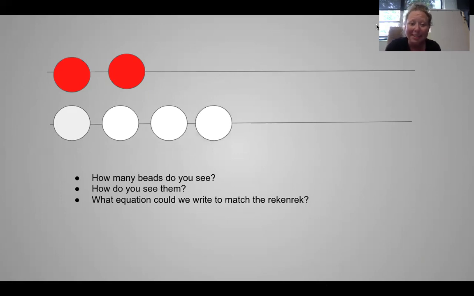How many beads do you see? How do you see them? What equation could we write to match this Rekenrek?